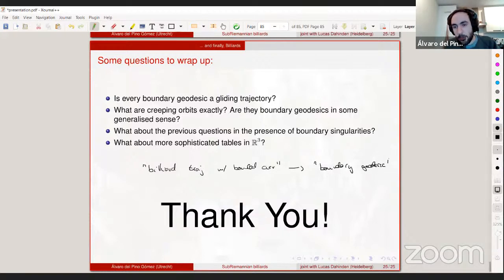And it should even be true that every boundary geodesic is a limit. In planar billiards, this is not true, because if you have concavity, it's pretty clear that no billiard trajectory can approximate this, because due to concavity, you just go away.